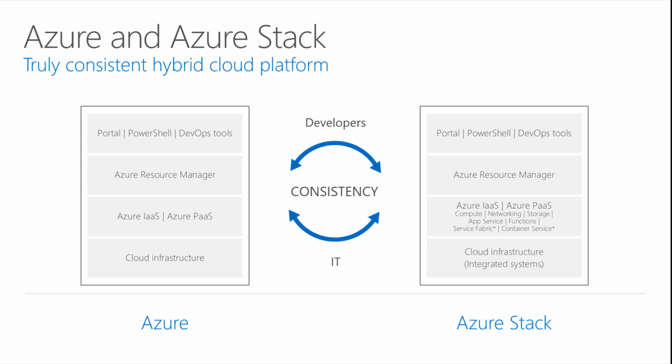And on the right-hand side, third block from the top, you see out of the box from the OEM delivery, we have compute, networking, storage. Those are fundamental services which will exist at deployment time. The other things, for things like app services, functions, service fabric, container service, those would have to be added on by the Azure Stack operator.